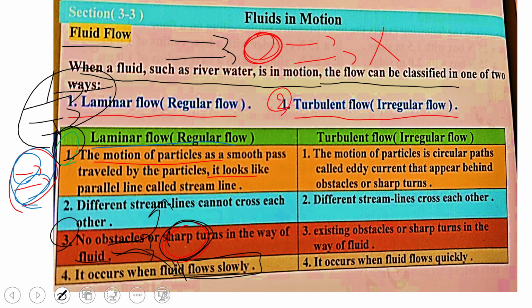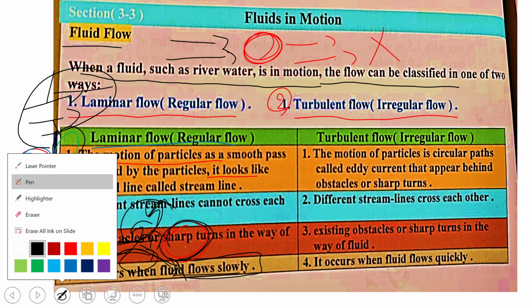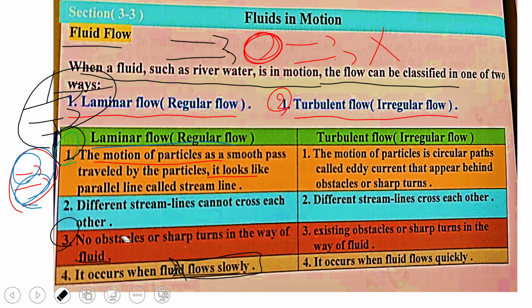There's an obstacle. So in that case, the water changes direction and becomes irregular. So they intersect in this case, because I threw something, but actually there's nothing on the way. That's why there's no obstacle. If you throw something, what happens at the end? They change direction because something comes on the way. But in this property, no obstacles.